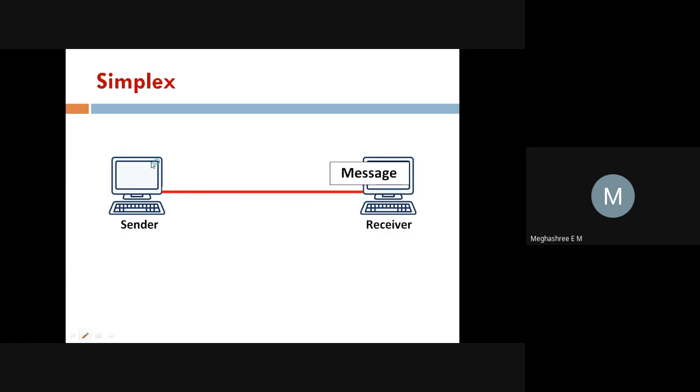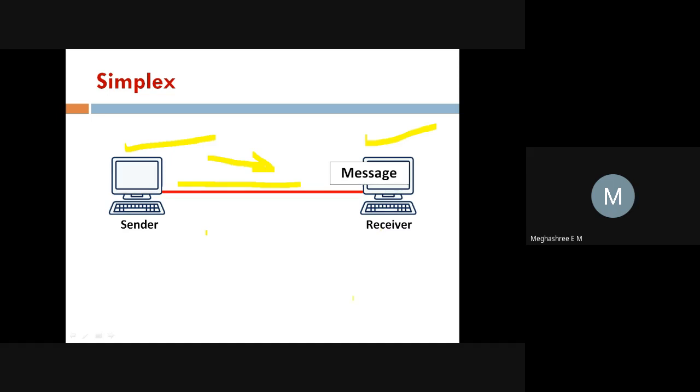As you can see in this example, there is a sender and receiver, between which a transmission link is established. When data is sent from sender to receiver, it happens only in one direction. Only one direction of data transfer is possible. The sender sends the message and the receiver receives it. This is what happens in simplex mode.